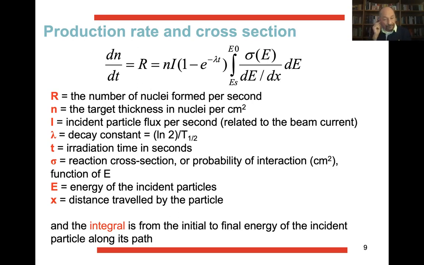This is integrated from the initial energy to the final energy of the incident particle along the path. So you do the integral of the cross-section divided by the LET in this region. And this way you come out with the production rate of the particle.